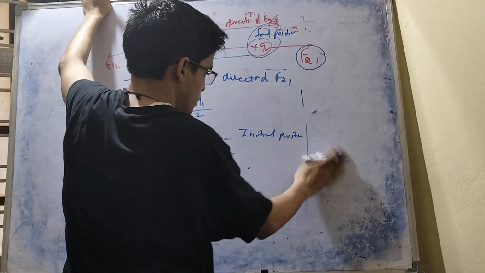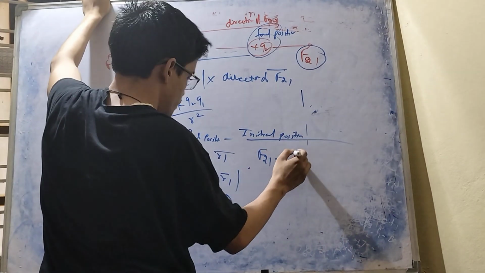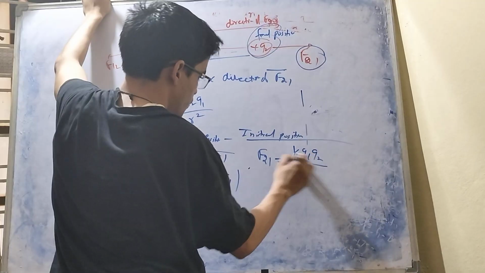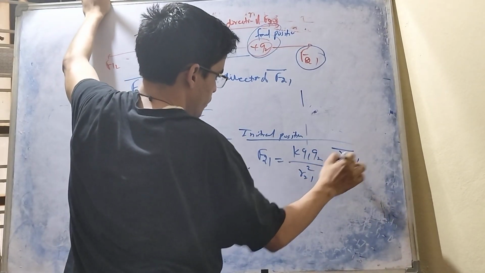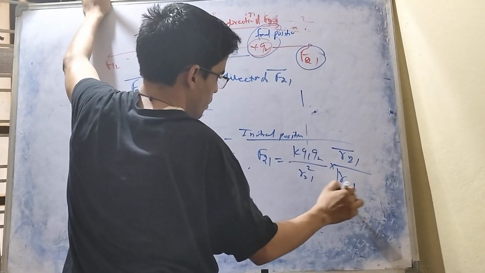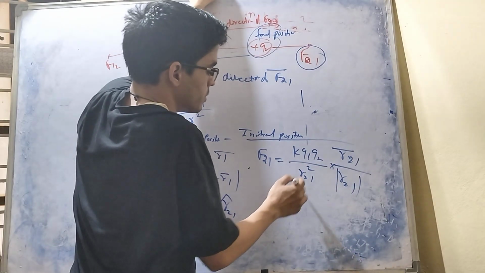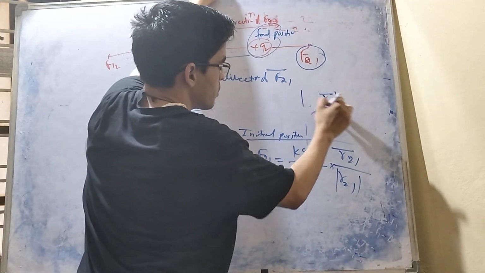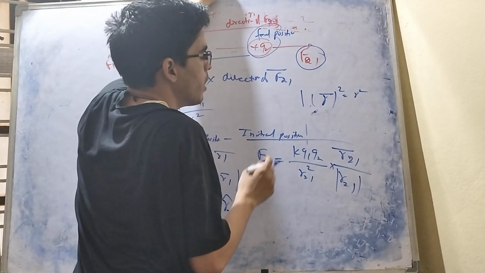Next thing we can write here: F21 equals K Q1 Q2 by R21 square into R21 vector upon R21 mod. Check. So the R21 vector square is also equal to R square. Am I correct?